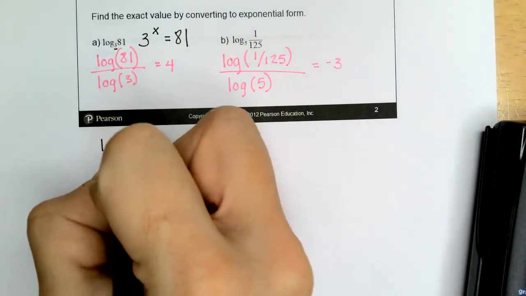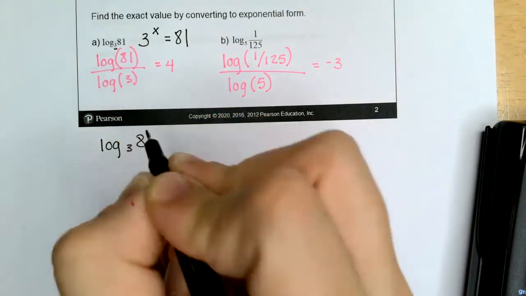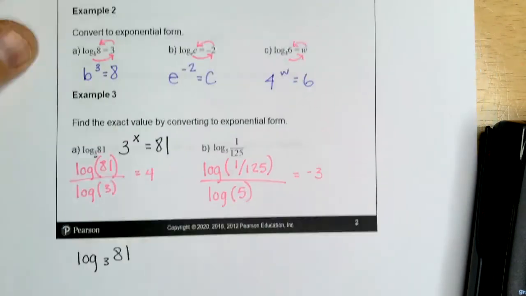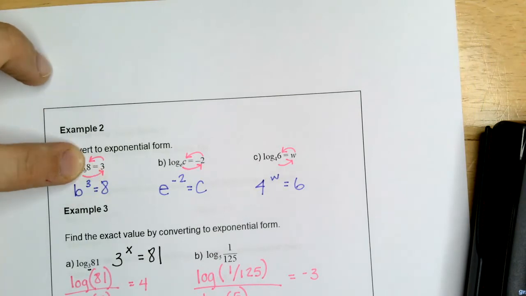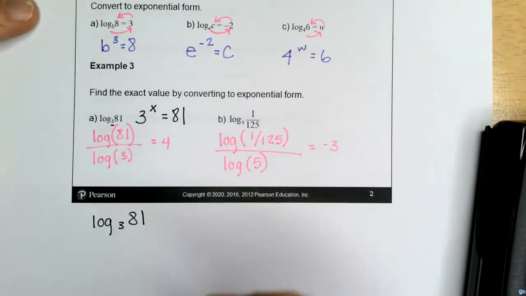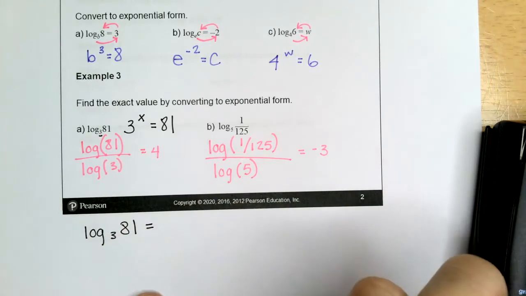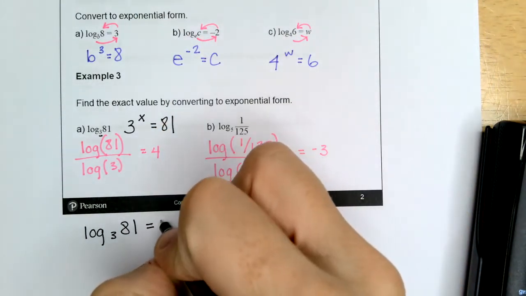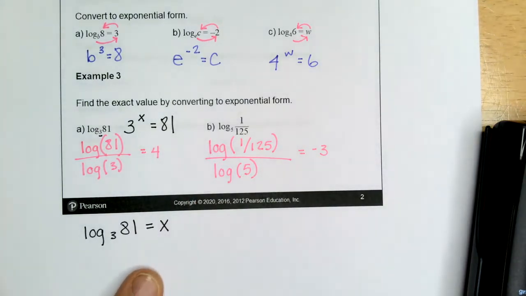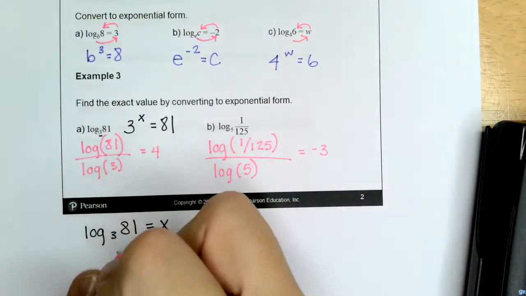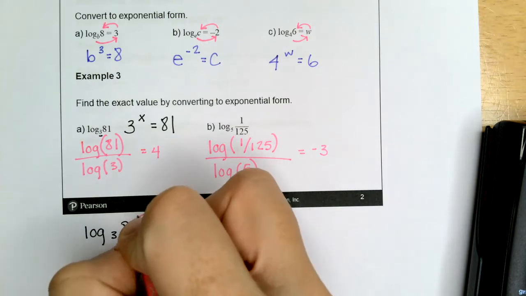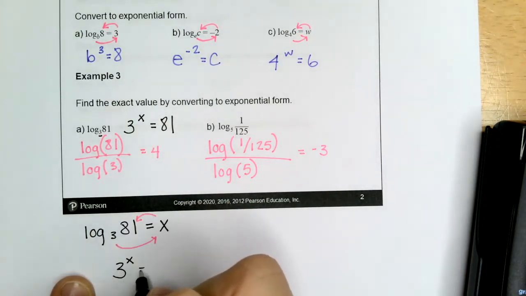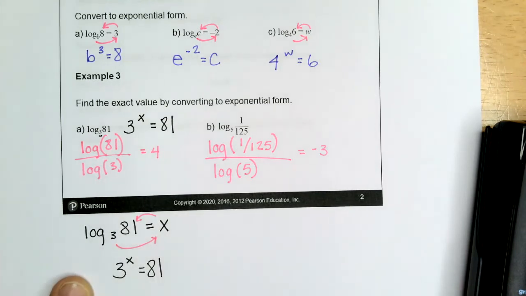Log base 3 of 81, right? We went in a circle, so we need the equal sign, and then we need something after the equal sign. Here we don't know what it is, so I'm just going to put x. I'm going to do that same circle. So 3 to the power of x equals 81.